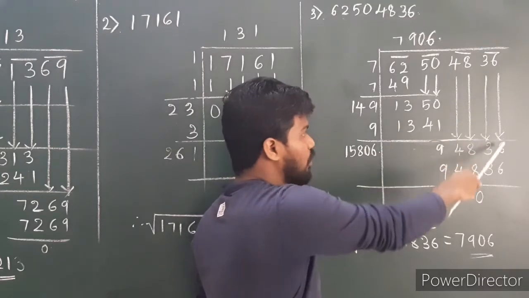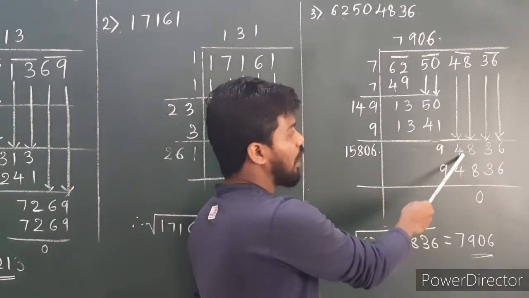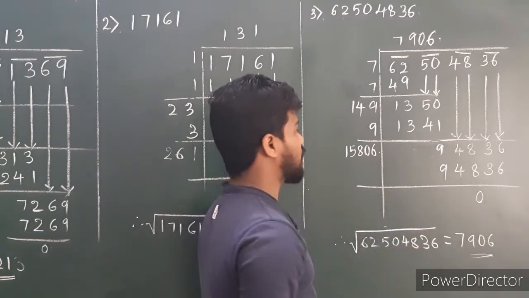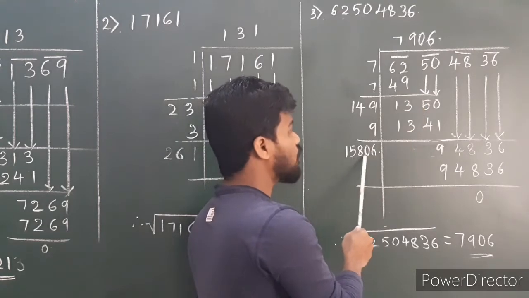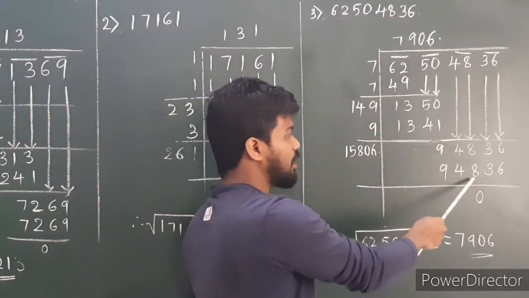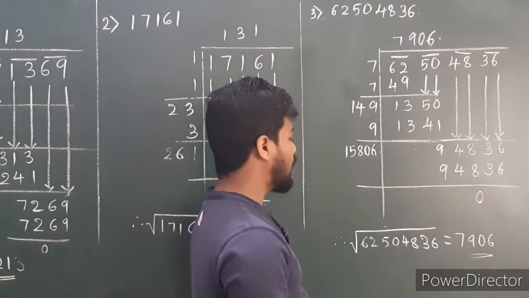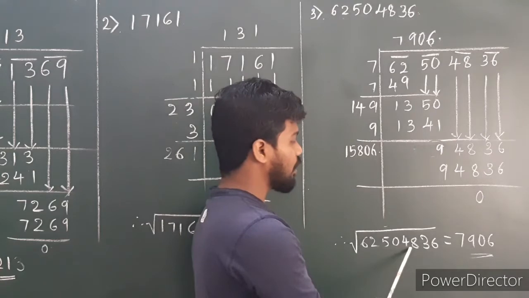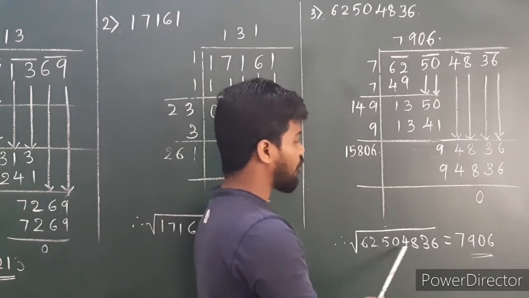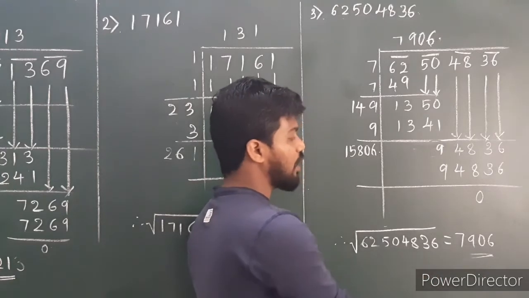So the next two numbers you take down, that is 3 and 6. So now it is 94,836. So 15,806 into 6 you get 94,836 and the remainder becomes 0. Therefore the square root of 6 crore 25 lakh 4,836 is equal to 7,906.